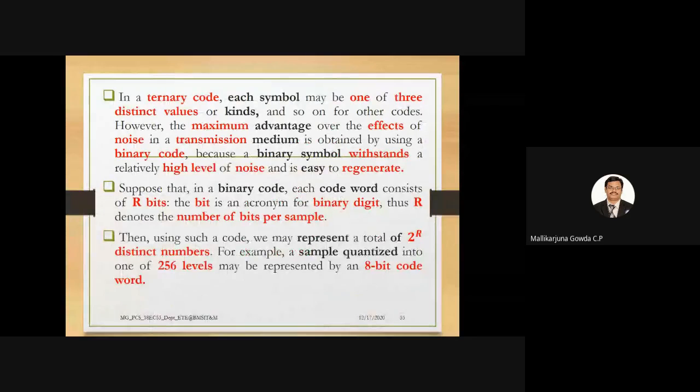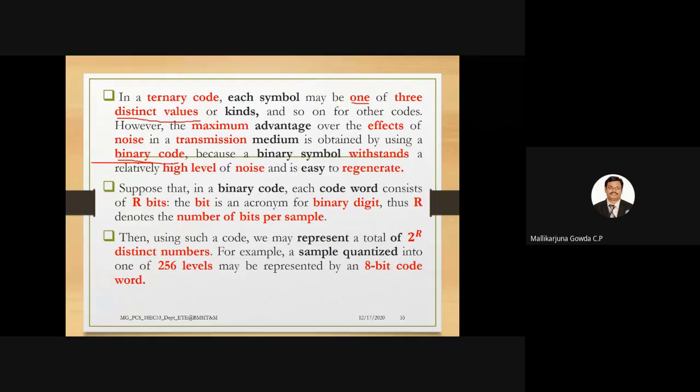Similar to the binary code, we can also have a ternary code. In a ternary code, each symbol will have one of three distinct values. Ternary means 3, whereas in binary there are only 2 levels, 0 or 1; in ternary I can have 3 different amplitude levels. The maximum advantage over the effects of noise in the transmission medium is obtained by using the binary code rather than any other form of code.